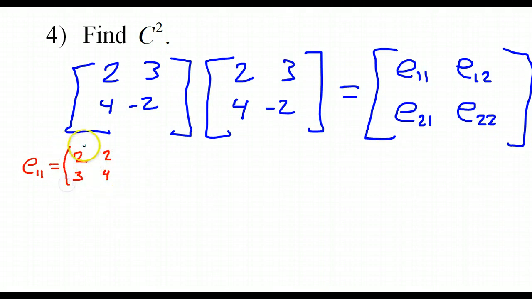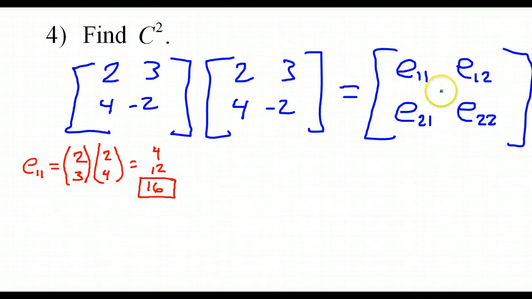So I need to multiply row 1 times column 1. That's going to give me 4 and 12, which is 16. So that tells me that element 1,1 is 16.